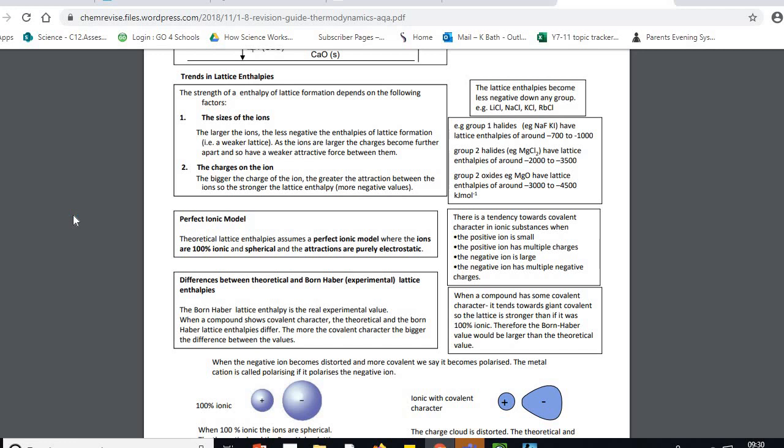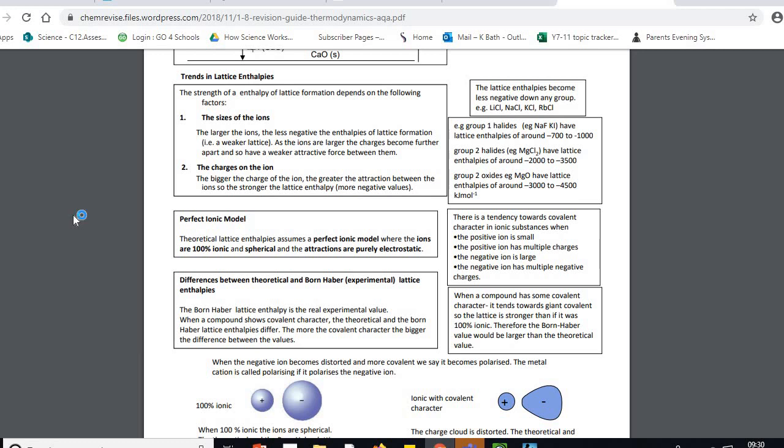Okay, so that's the size of the ion. The charge on the ion states that the greater the charge, the greater the attraction to the opposite charge, so therefore the greater the enthalpy, which in this case needs to be a large negative number.